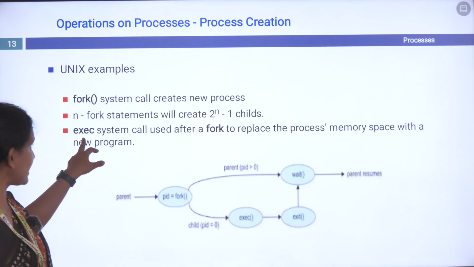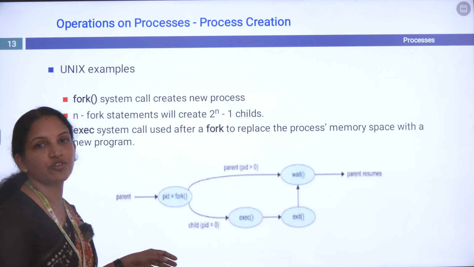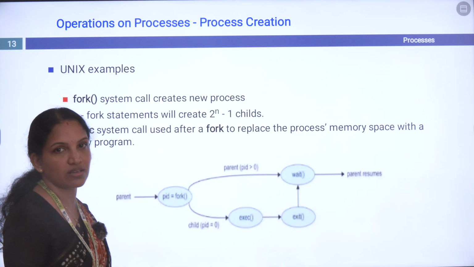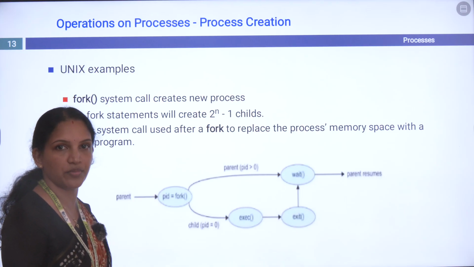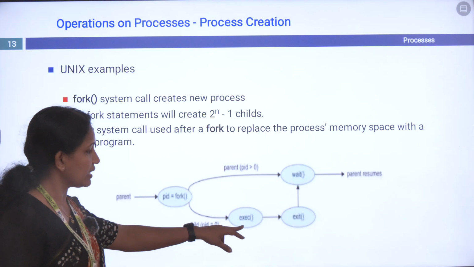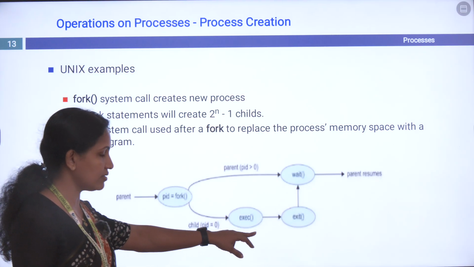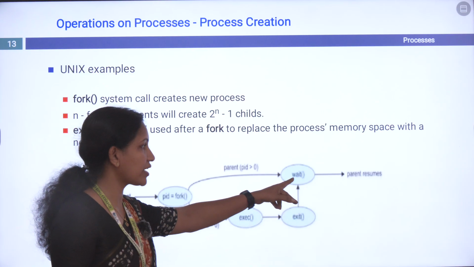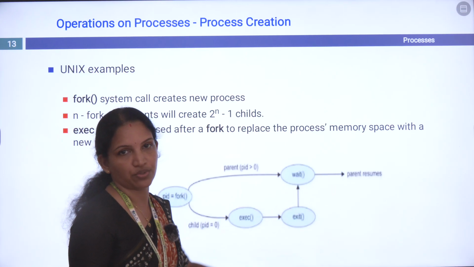You can use the exec system call, which is called after the fork system call, to start the execution of the newly created process. So here exec is called, and once the child finishes its execution, the parent will resume the execution.